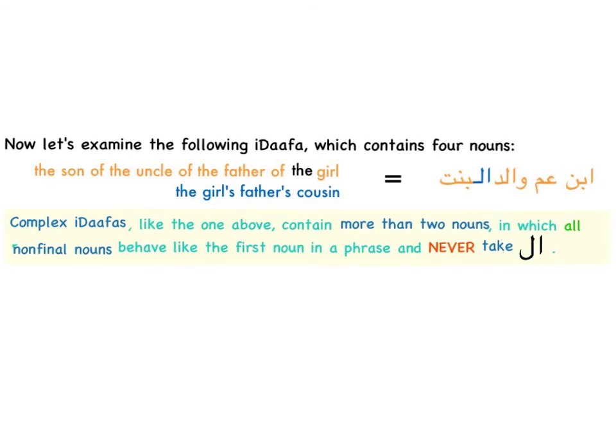So complex إضافas like the one above contain more than 2 nouns, in which all non-final nouns behave like the first noun in a phrase and never take ألف لام, never definite. Case in point, البنت is definite, but ابن عم والد all stayed indefinite without ألف لام.